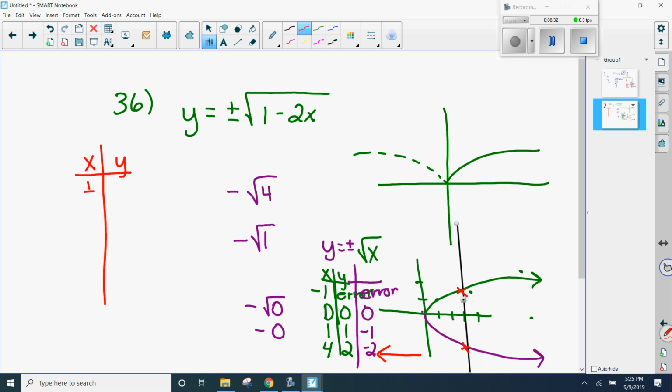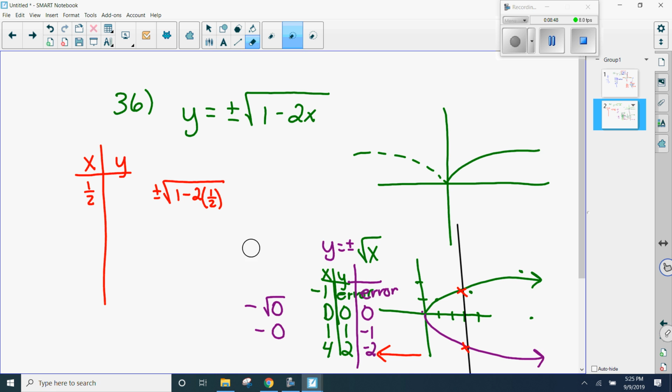So if x is 1/2, your y value is going to be plus or minus the square root of 1 minus 2 times 1 over 2. So if you simplify that, 1 minus 2 times 1/2 is 1 minus 1, and you get plus or minus the square root of 0, which is just going to be 0.